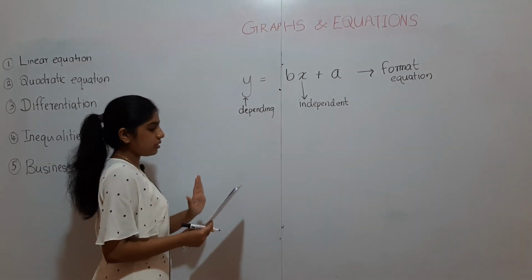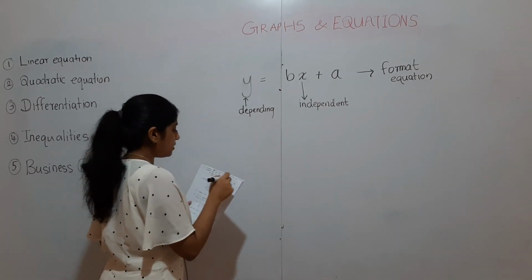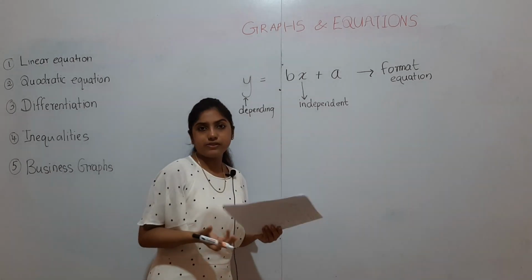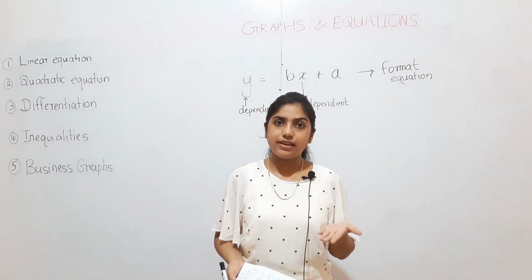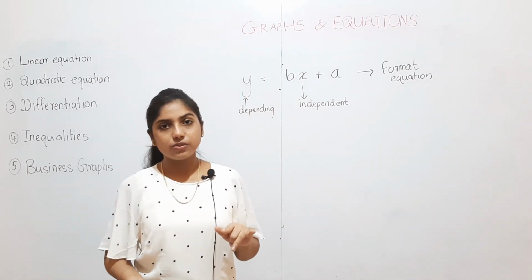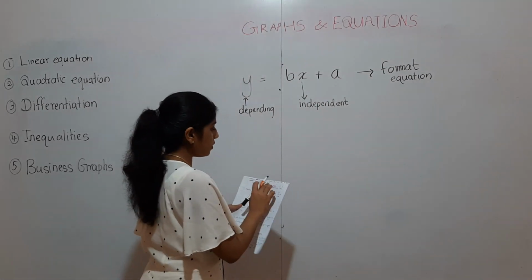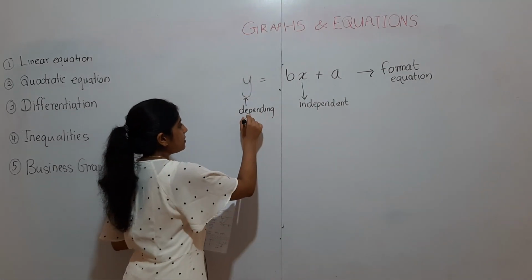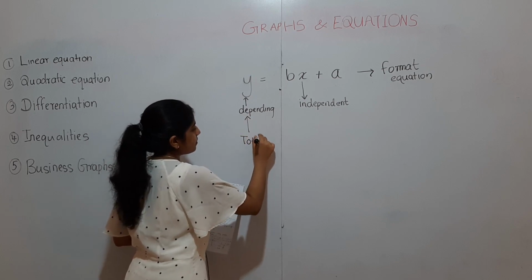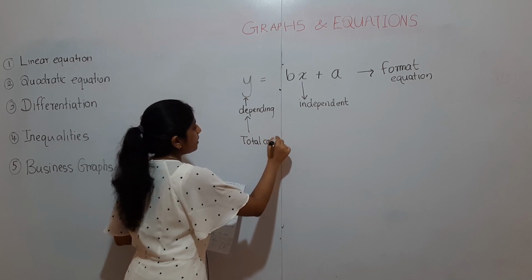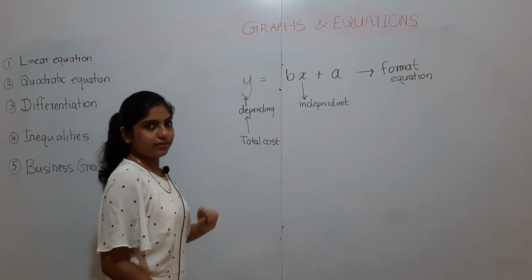Because total cost should be the subject, and total cost depends on output. It's naturally a depending variable. And also another hint what I would do is, if they ask for a total cost equation, that means they are referring to total cost as y. So, total cost will be the depending variable which is the y.